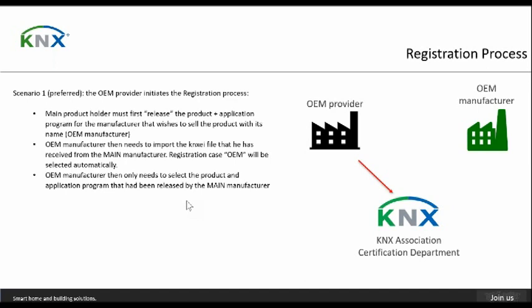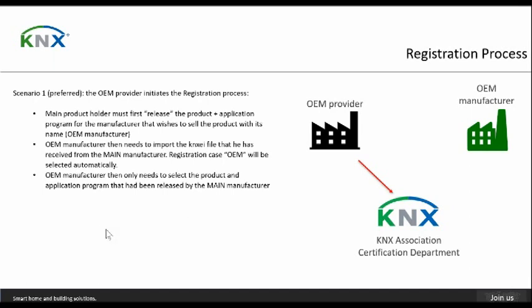And then the OEM manufacturer is the one that is buying from this provider, certifying, registering this product under its brand, and then reselling this equipment with a new logo.